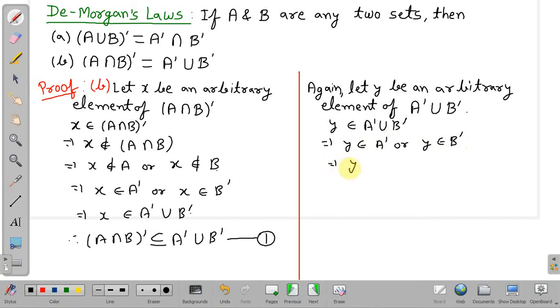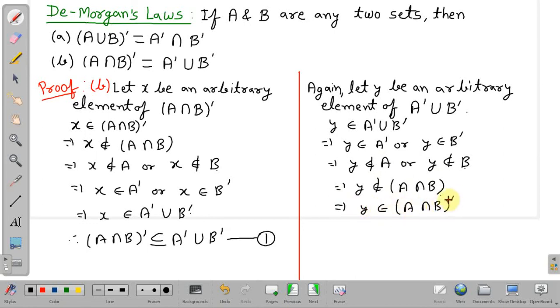So Y is not an element of set A, or Y is not an element of set B. And from this we can write Y is not an element of A intersection B. Okay. So Y is an element of (A intersection B) complement.